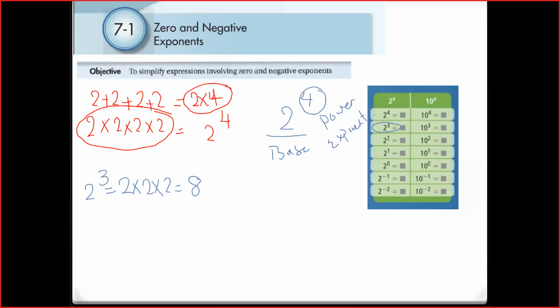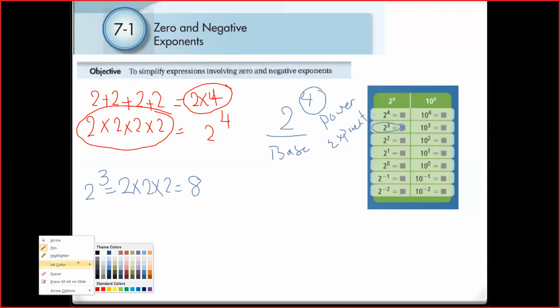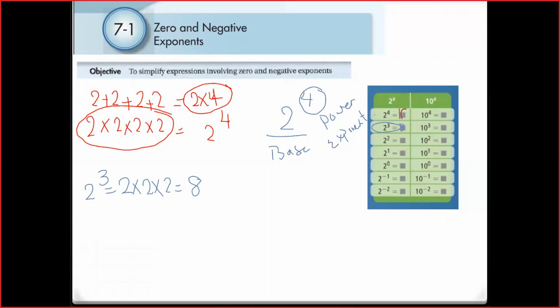So 2 to the power 3 is 8. 2 to the power 4 is 16. And 2 to the power 3 is 8. What about 2 to the power 2? It is 2 times 2, which is 4. What about 2 to the power 1? 2.